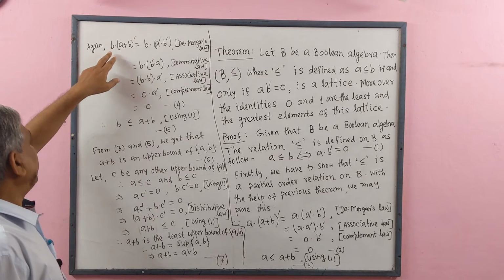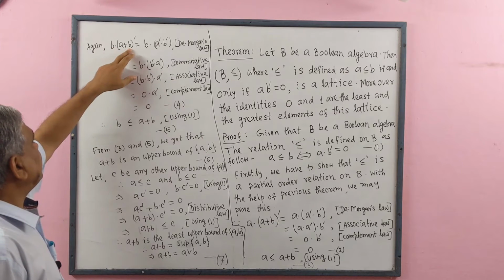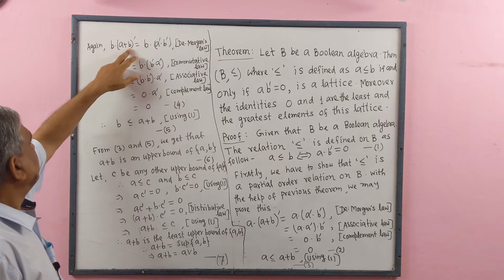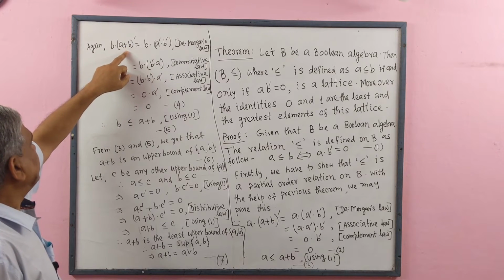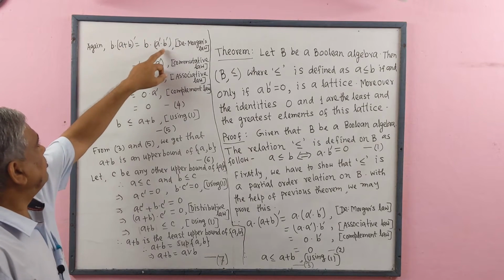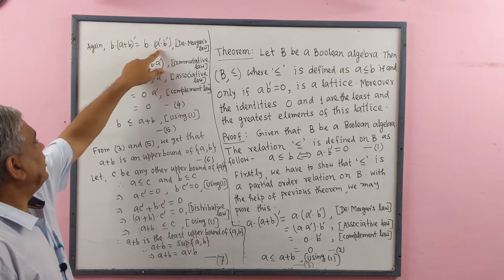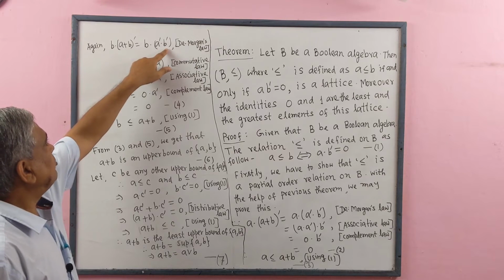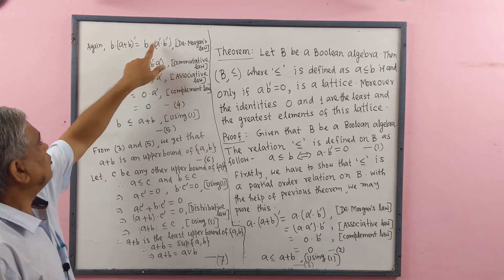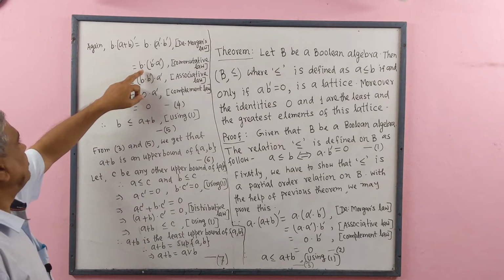Now again we get B dot complement of (A plus B). Now using De Morgan's law here, we get complement of A dot complement of B. By commutative law, we may write this complement of A dot complement of B equal to complement of B dot complement of A. Now we use associative law.